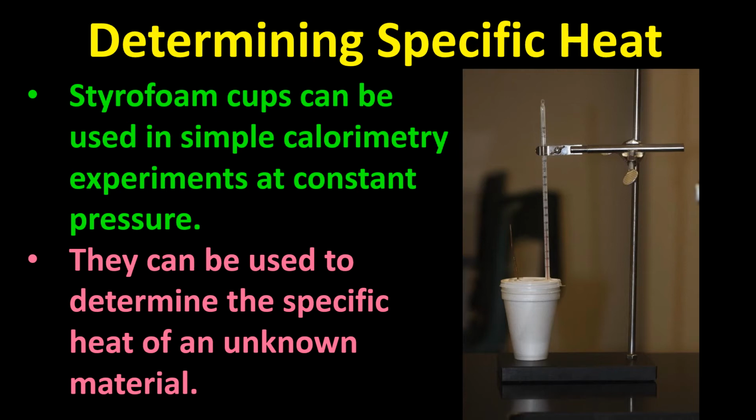But if we want to keep the pressure constant, we don't need such a fancy piece of equipment. We can just use styrofoam cups because they're really good insulators, and use that as a calorimeter. So that's what we see here in the picture, and you see that it has a thermometer going in the side. So they can be used to determine the specific heat of an unknown material.